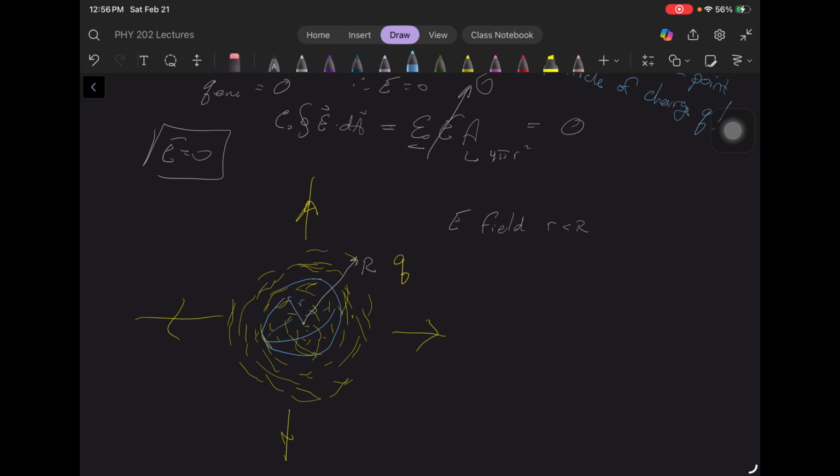Well, the left-hand side's pretty easy. Our area vectors would be pointing out like this everywhere. Oh, wow, they're parallel to the electric field, so this dot product goes away. We use the symmetry creatively, so the electric field will be constant everywhere on the surface, so we can pull that out of the integral.